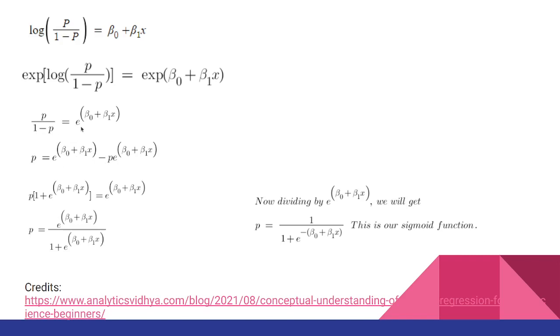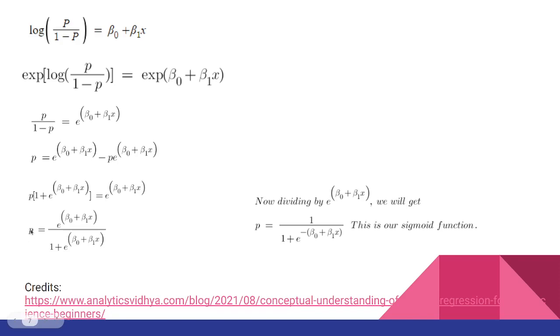Then minus p into e is minus p. Then moving minus p times e to the power beta 0 plus beta 1x to the LHS, it will be p plus p e to the power beta 0 plus beta 1x. If we take p common, 1 is here, and e to the power beta 0 plus beta 1x is on top, equal to the RHS which is the same, right?